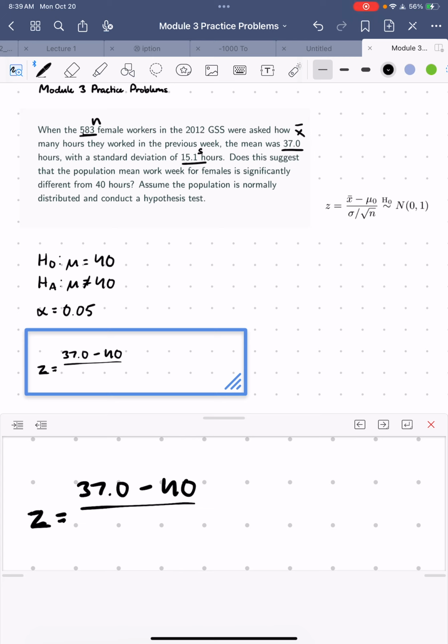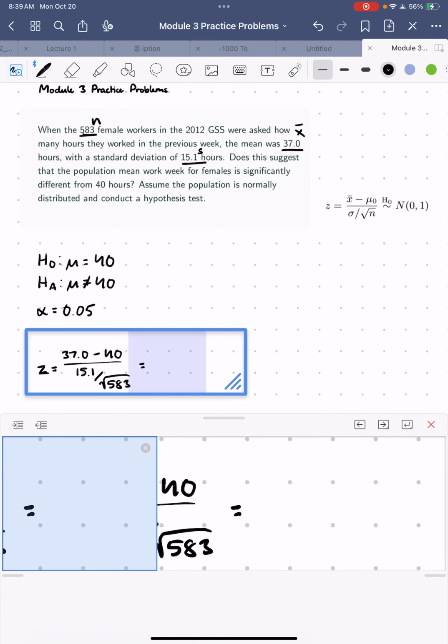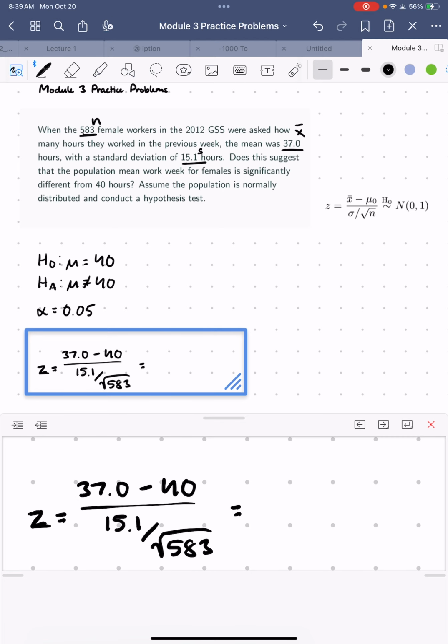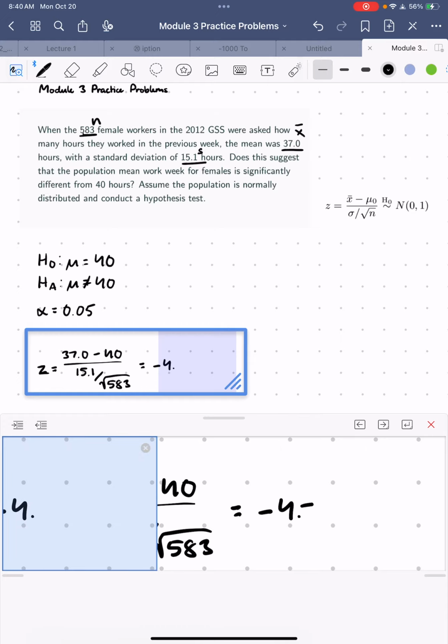So we can use s here, and that's 15.1. And then we have the square root of our sample size, 583. And that should come out to negative 4.7971.